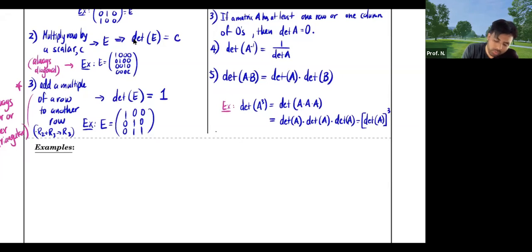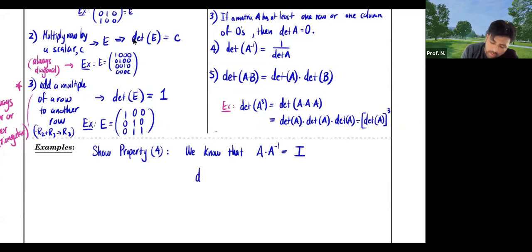So let me show property 4. We know that if you have A times A inverse, you get the identity.